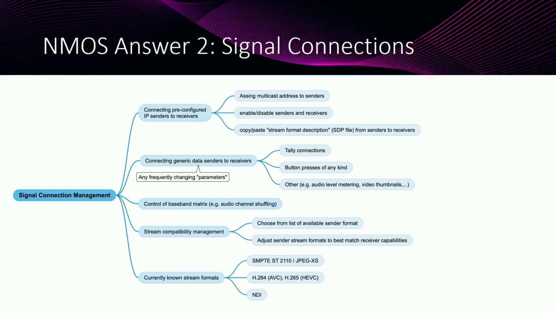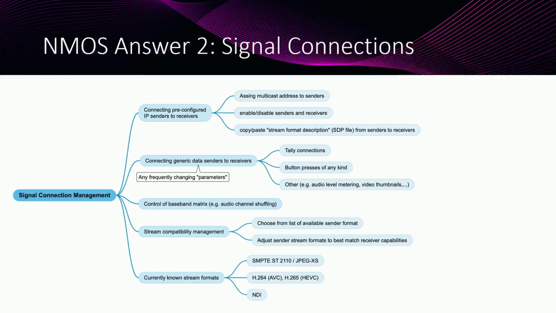And it will just transmit the constantly changing values almost as if it would be audio or video, but obviously with a much lower bandwidth consumption. So using this kind of functionality, there are people who have implemented, for instance, generic control panels where button pushes are transmitted just from one source to a destination, and then they react to that button push. So that's perfectly possible. So that's also something you can do with NMOS.